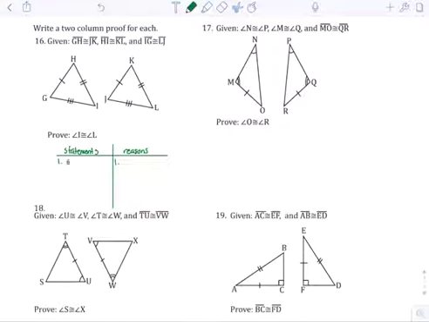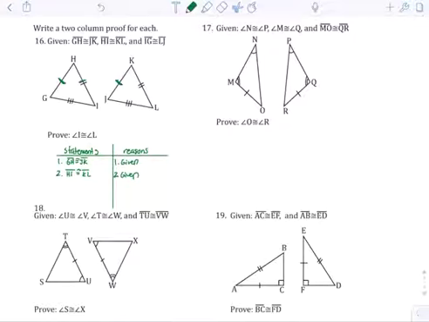So GH congruent to JK, given. So that's this one, GH congruent to JK. HI is congruent to KL, given.